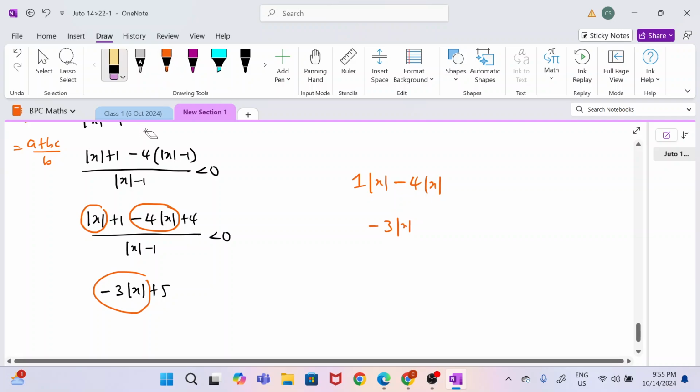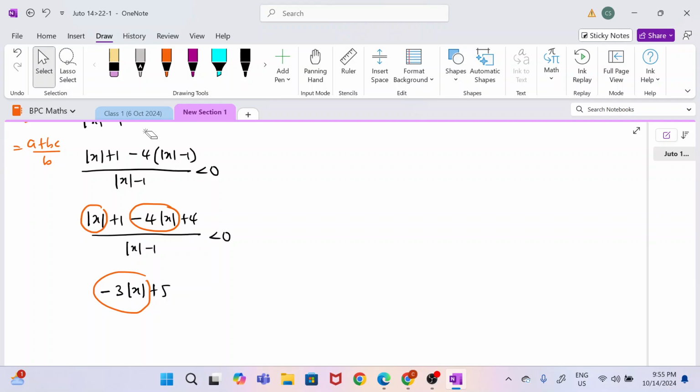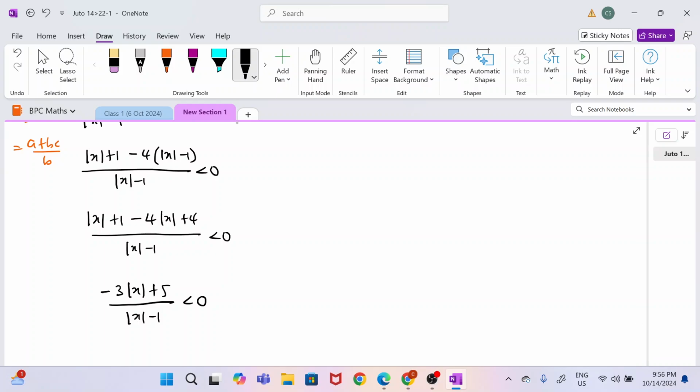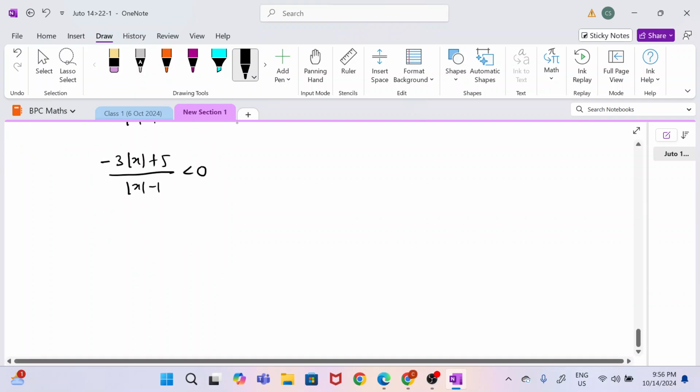That's how I get it, in case you guys don't understand. And the rest is 1 plus 4 is 5. You will end up here. So all are in good factor now.